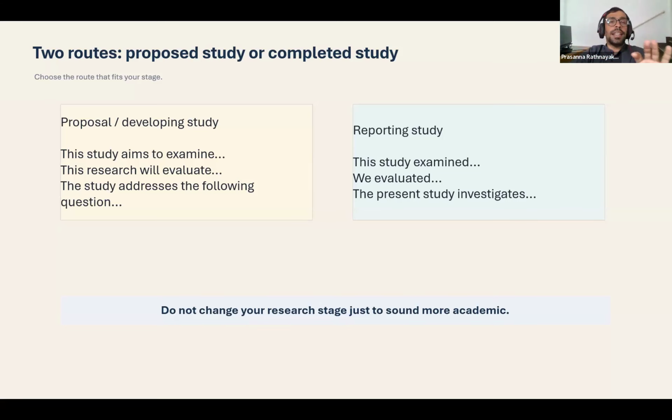And at the proposal level, whatever you have promised might have changed while you are doing the actual research. So those changes should be indicated in your report. I hope you got what I'm telling. Do not turn a proposed study into a completed study because it sounds strong, and at the same time, do not use the proposal content as it is when you're reporting the completed study.